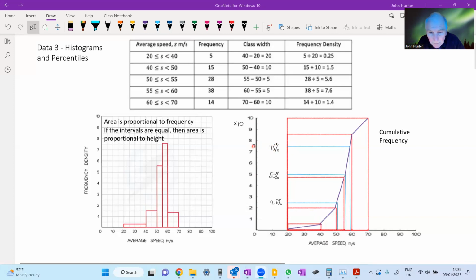Then the 75th percentile: here we go, 75% along this scale here, and that corresponds to this value here, which looks like about 59. So again, we would say that 75% of the cars are traveling at less than 59 miles per hour, and 25%, the remainder, are traveling faster than 59.